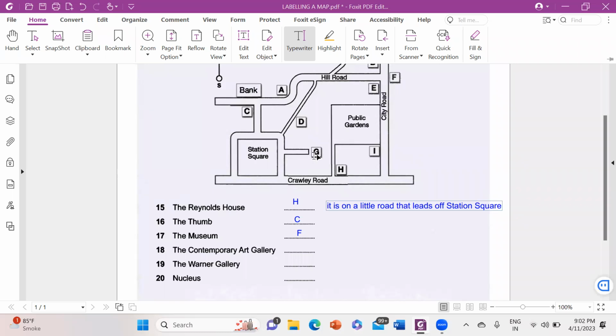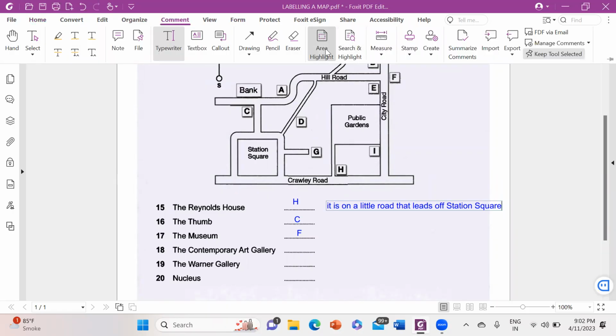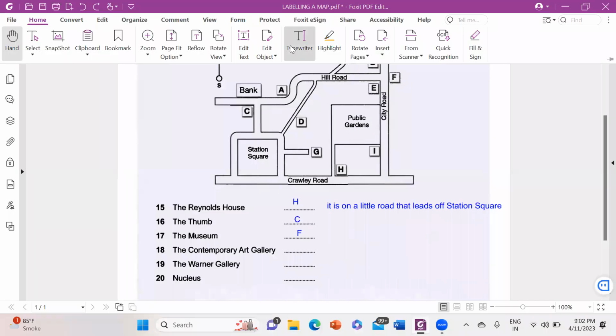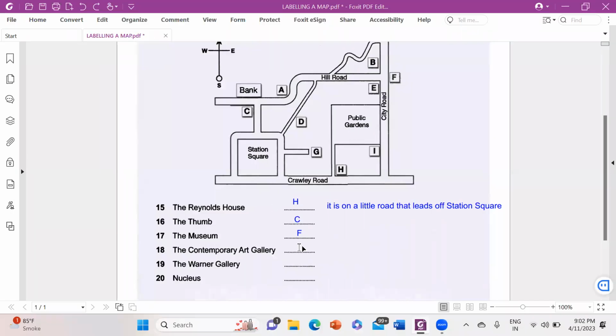That leads off means it is starting from here. So it is leading off Station Square. The answer is G. Those who got G, congratulations. It was pretty straightforward.